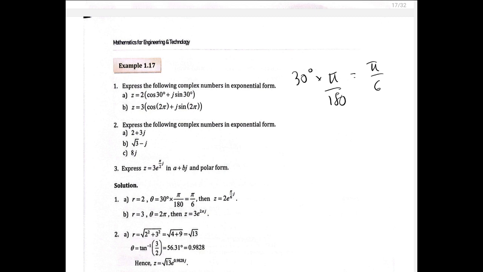So in the exponential form, you can say that z equal to 3 e to the power of 2 pi j.